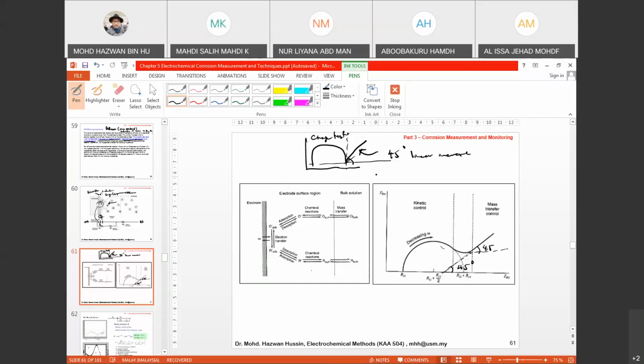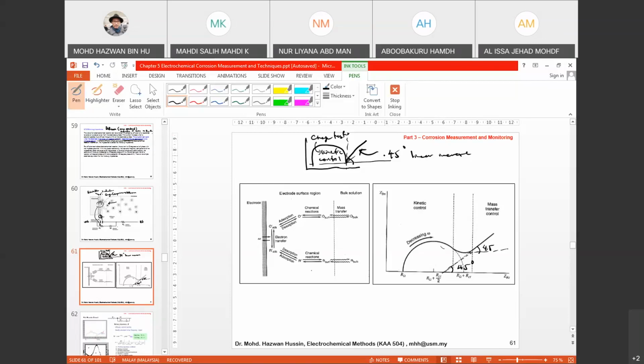Okay. Right. So when you have a charge transfer process, this is actually the rate determining step. So that is what is known as a kinetic control process. Meanwhile, if you have a 45-degree increase, this is actually mass transfer control.